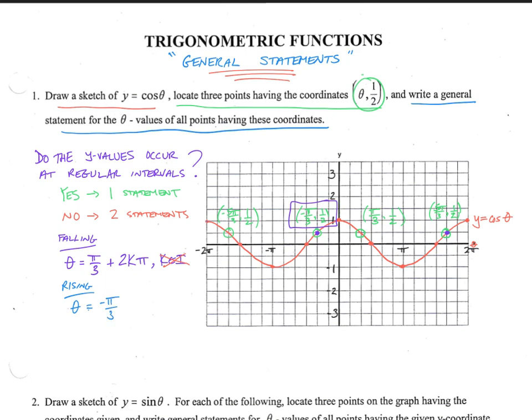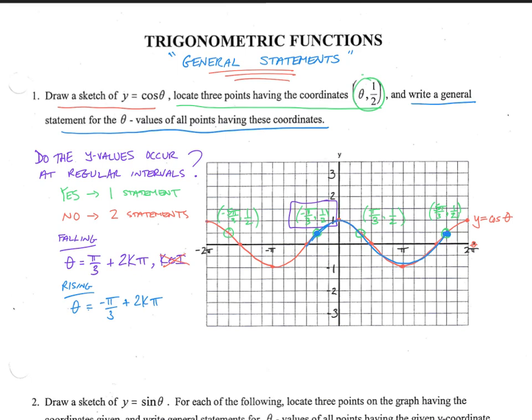There's a value where I'm rising to a half. And then if I go any full rotation in either direction will allow me to arrive at another point where I am rising to a half. So if I move any full rotation plus my 2k pi, I'll get to another value where I'm rising.